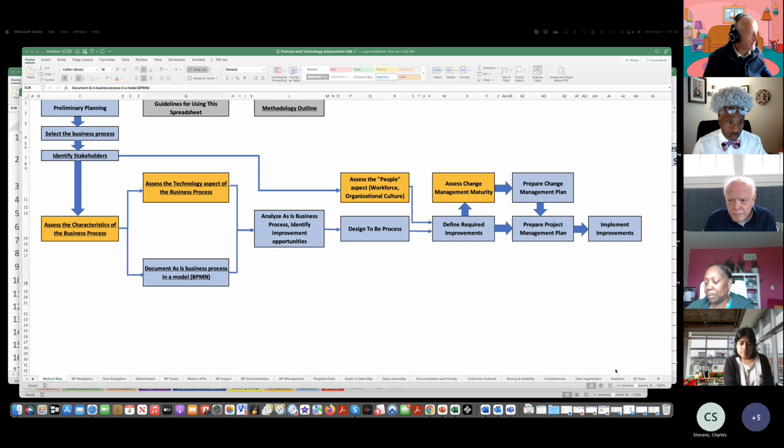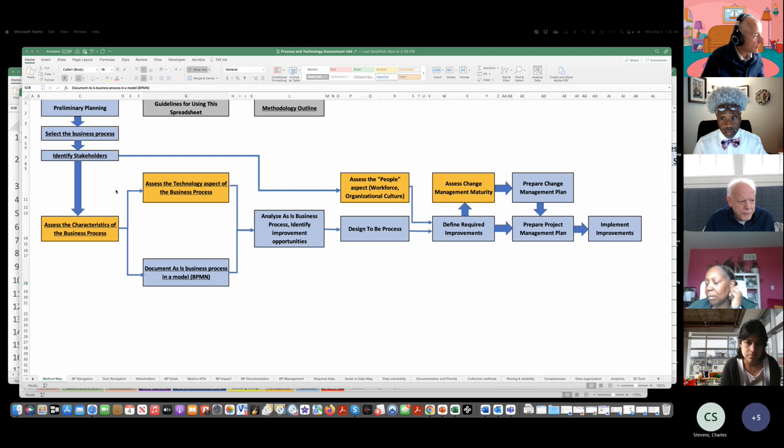Just to very briefly recap for those who may not have seen this before, you would start with preliminary planning and then select the business process and identify the stakeholders. Once the stakeholders are identified, they could actually have what they need if they're going to conduct a people, workforce, organizational culture assessment for that specific process.